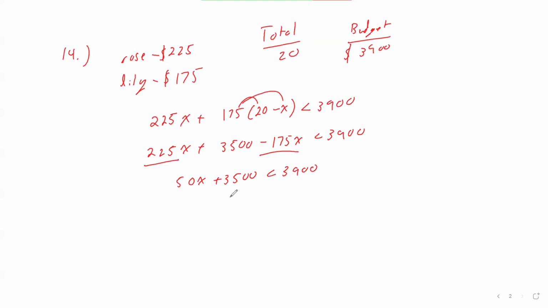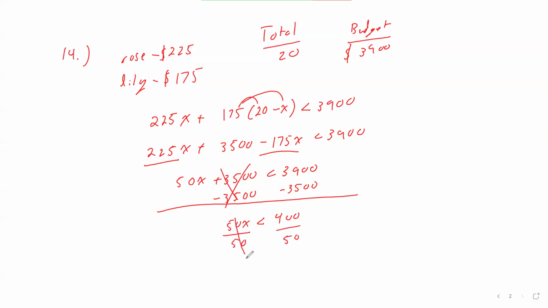I can now get rid of my constant by subtracting 3,500. Now I get 50x less than 400. Then I finish by dividing by 50. 400 divided by 50 is 8.